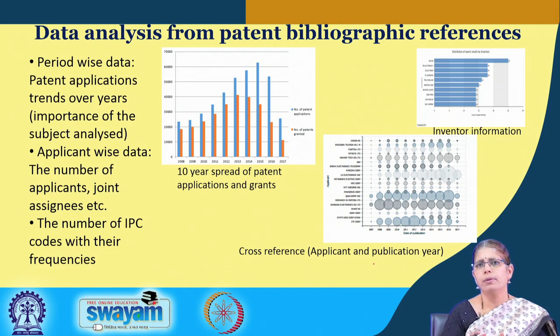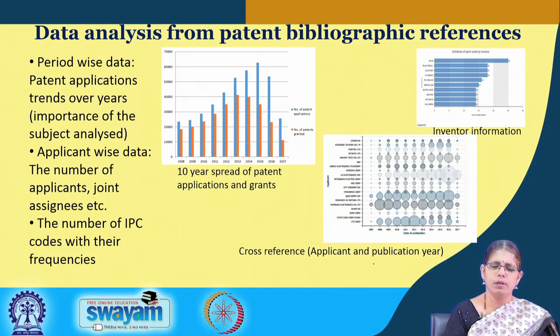And when one is looking at emerging areas, if one objective of a patent landscape is to plot just the emerging areas in a given technology area, normally the last 5-year or the last 10-year information is relevant, in which case you are doing a patent landscape taking into consideration a time period of 5 years or 10 years, and this is simple information which you can get in terms of the period-wise data.